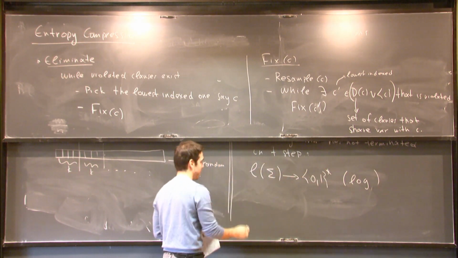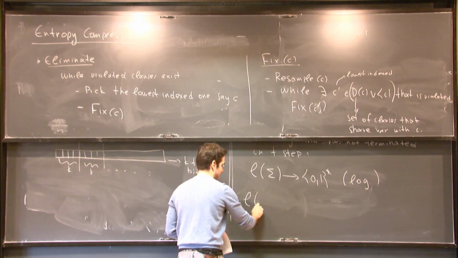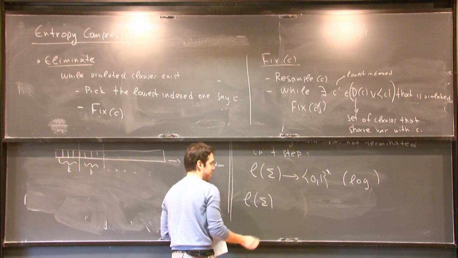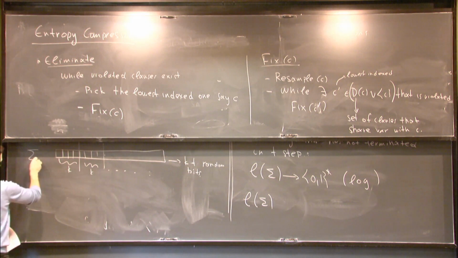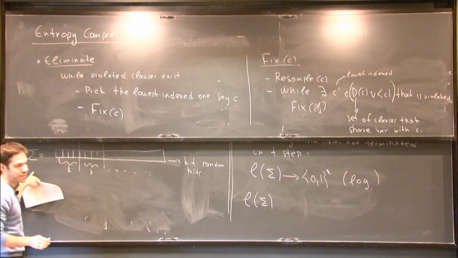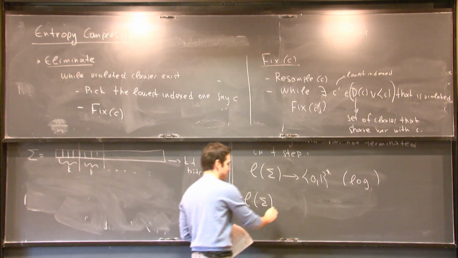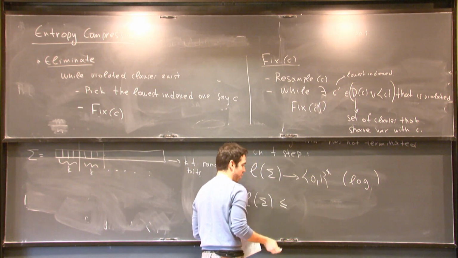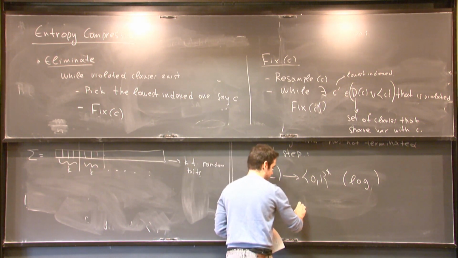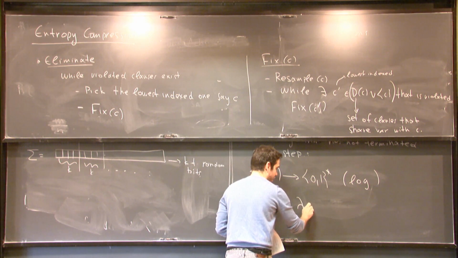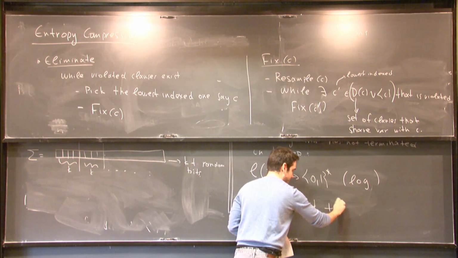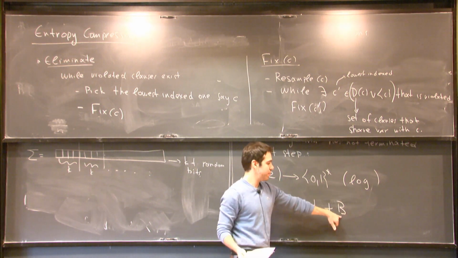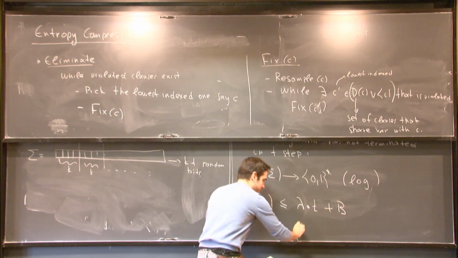L of sigma, where sigma is this random string of length kt. I'm going to prove that L of sigma has two properties. Property 1 is that its length will be at most lambda t plus beta, where beta is a constant and lambda is strictly less than k.